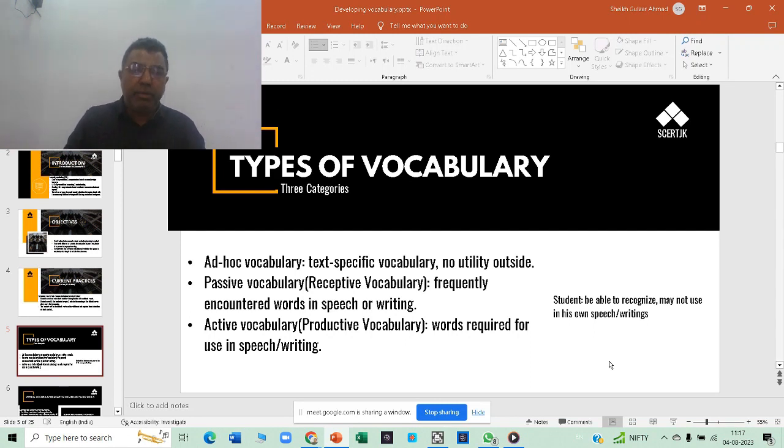And then comes the most important, active vocabulary, which is also known as productive vocabulary. These are words required for use in speech and writing. A student has his own level of active vocabulary, and as experts, as teachers, officers teaching English, lecturers, senior or junior officers, we have our own store of this productive vocabulary.